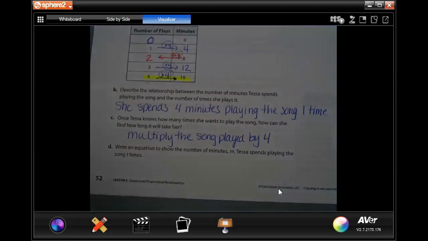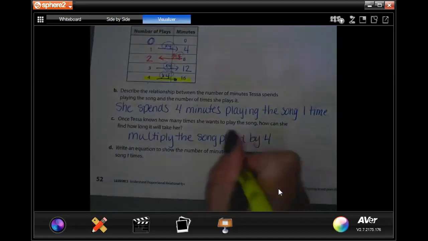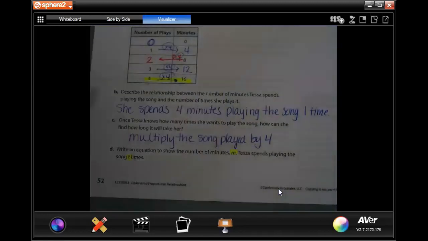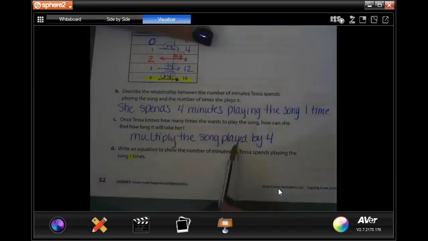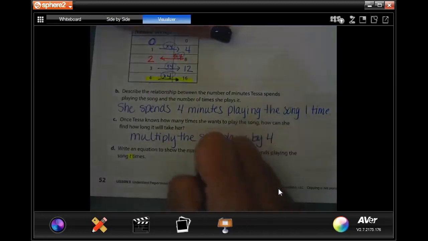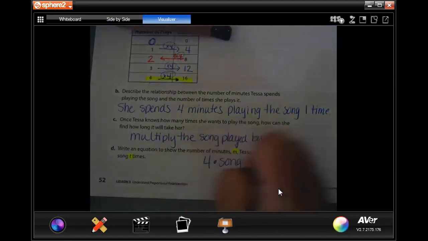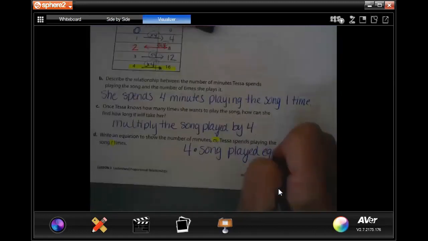So we're going to write it for how many minutes Tessa plays the song T times. Well, you guys, we just figured this part out. So she multiplied the number of times the song was played by 4. So 4 times the song played equals the total minutes.